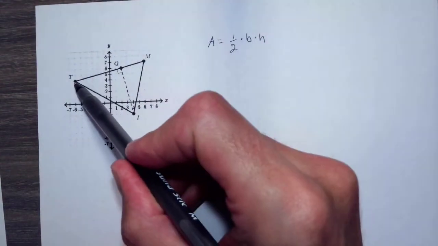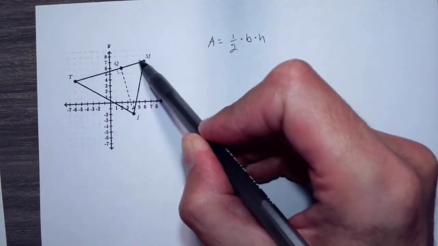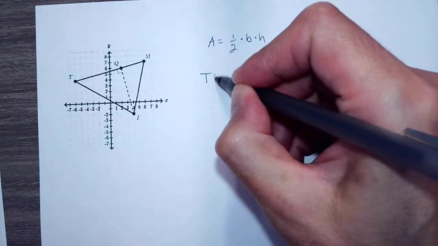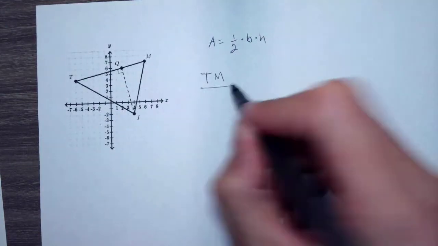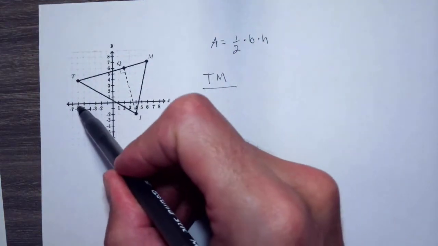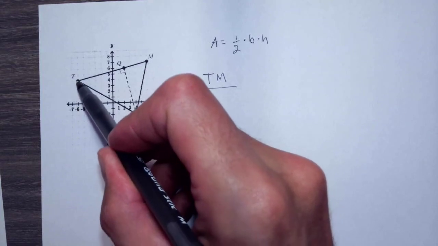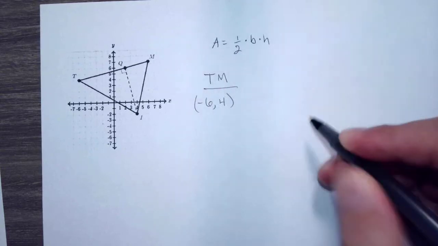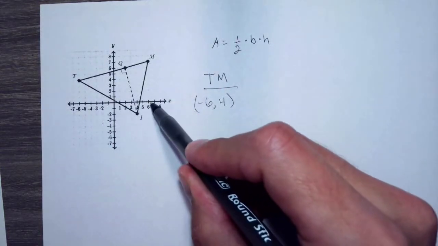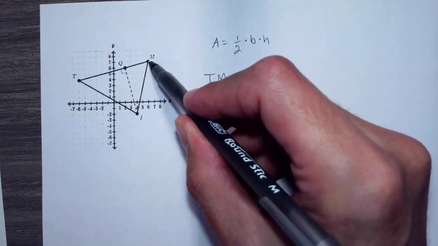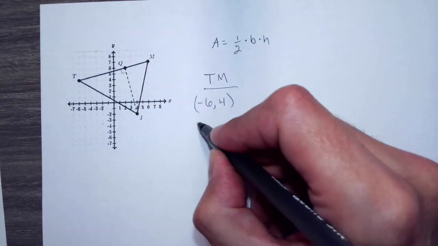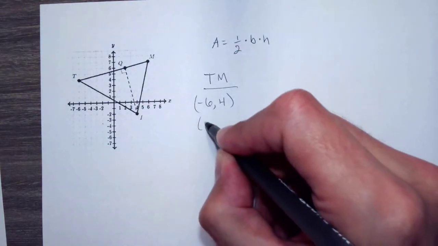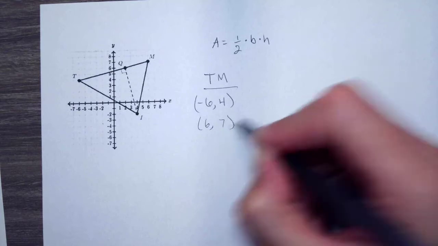So first I'm going to find this distance from here to here. So TM, I'm trying to find the length of TM. First, I need the coordinates, so that would be -6, 4. And I also need 6, 7.